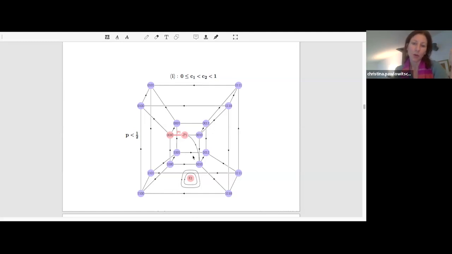Also, we can show that each of these orbits attracts something positively measured from the interior of the simplex. So from the interior of the simplex, we have a non-zero set of initial conditions that converge to this periodic orbit.